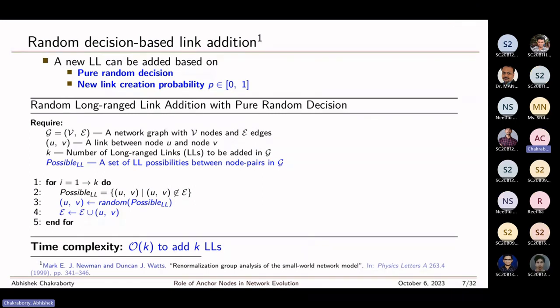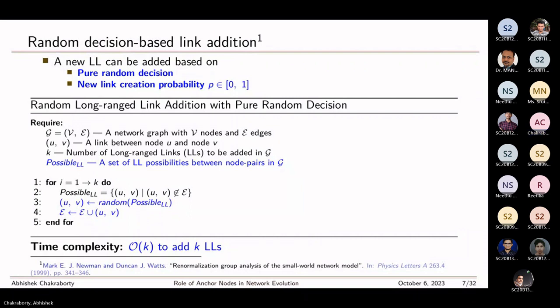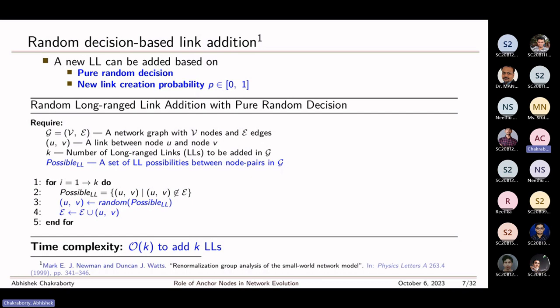If you see this, line 1, we run for 1 to K as we are connecting K long links. Line 2 says a link will be connected between node U and node V if it is not already connected. E is the set of already existing links in the network, because at the top it is required that G equals (V, E).